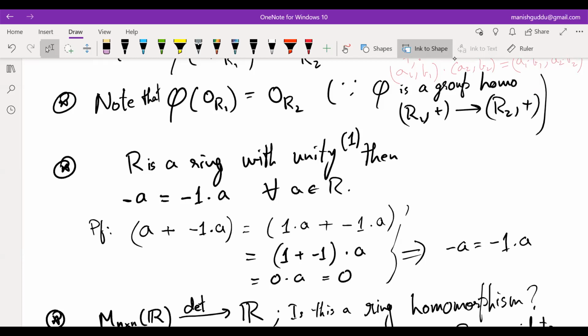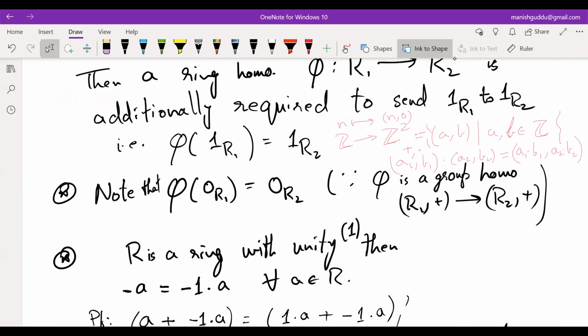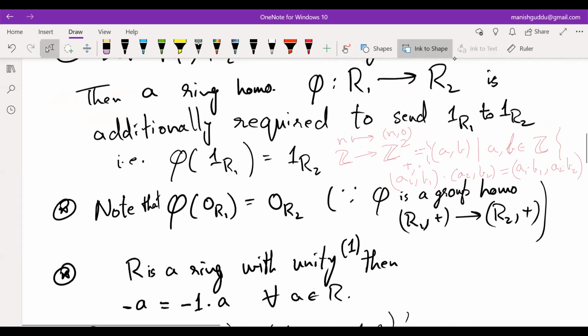These are small proofs, one-line proofs.